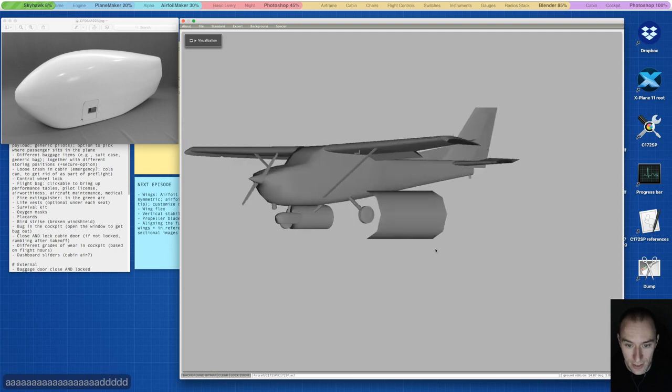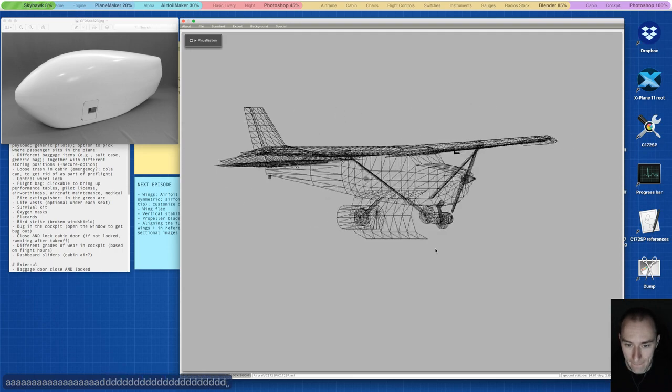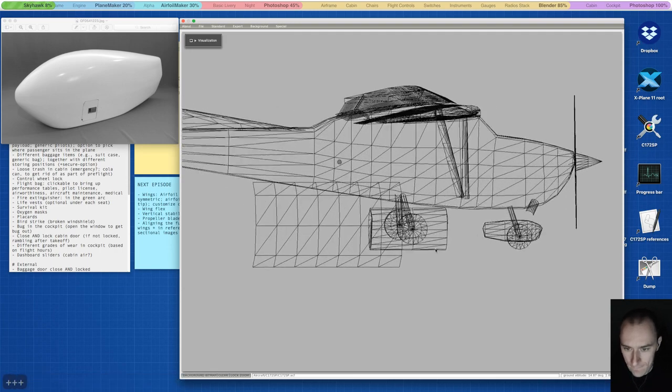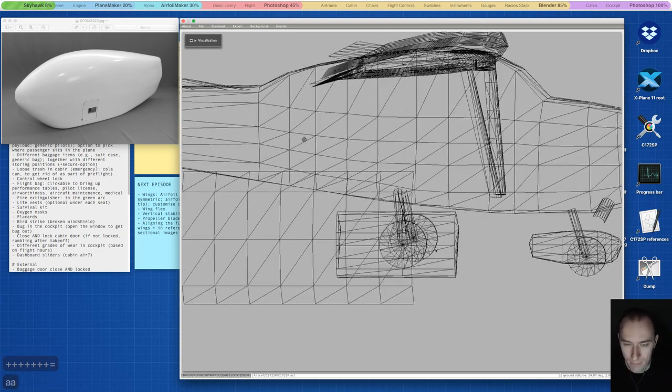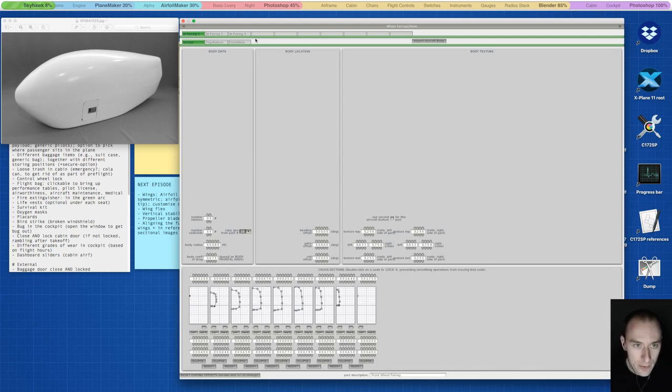Anyways, let's continue. Fairings number 2 it was. Thank you. Should be a little bit closer.